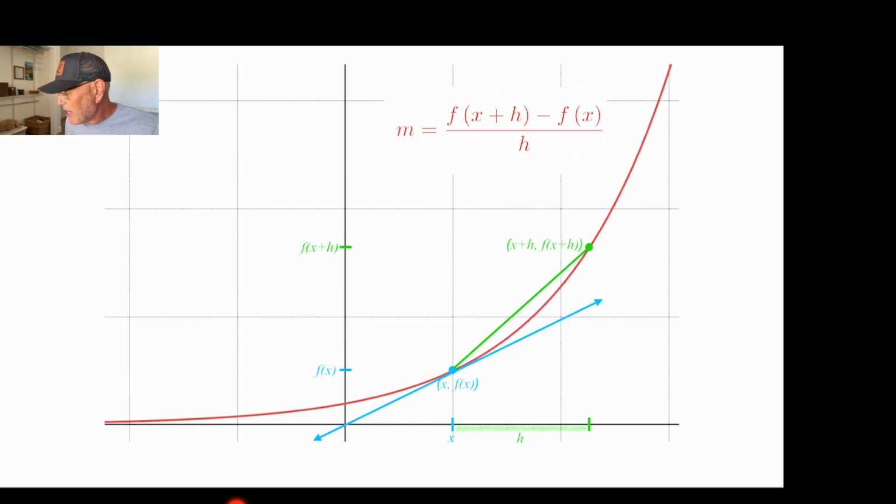So let me go ahead and write this slope formula right here a little bit differently. I'm going to add a limit that makes h go to 0. Okay, so there we go. And that's the definition of a derivative. The limit as h goes to 0 of f of x plus h minus f of x all over h. Now, let's take a look at what happens when h goes to 0.